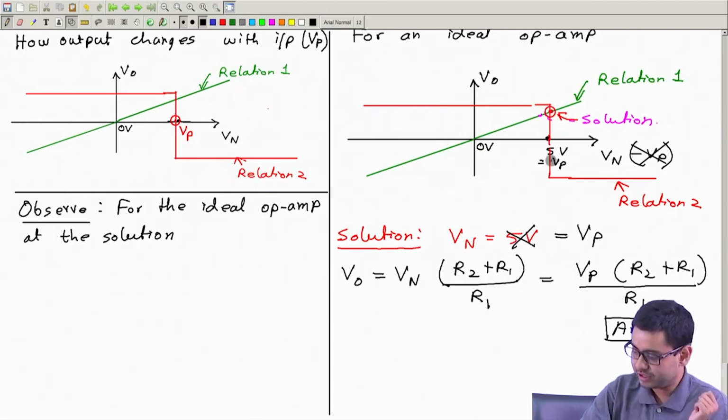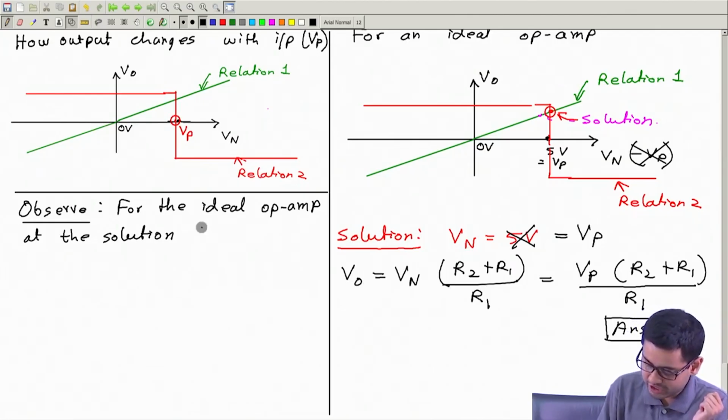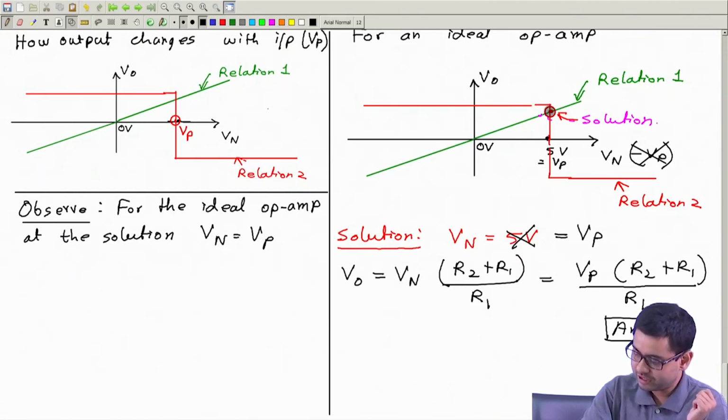It's a vertical line, so it's the same as Vp. So here we have written it, Vn is equal to Vp. At the solution, Vn is equal to Vp. This happens because the intersection of these two curves is at a point where Vn is equal to Vp.